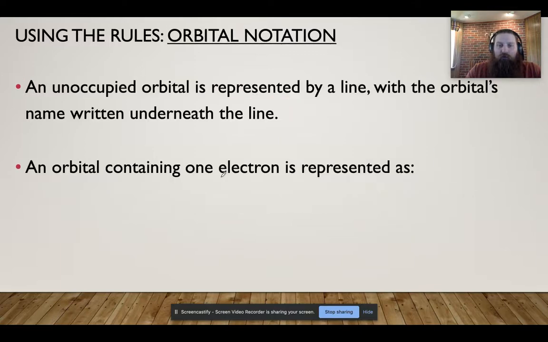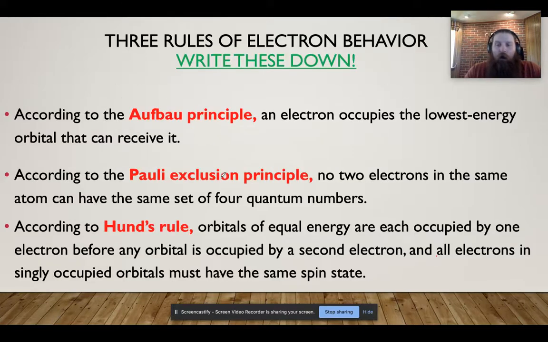Let's go back and look at these rules. Hund's rule says orbitals of equal energy. So if I look at 2p, 2p has 3 sets of orbitals. Orbitals of equal energy are occupied by 1 electron before any of the orbitals gets a second electron.